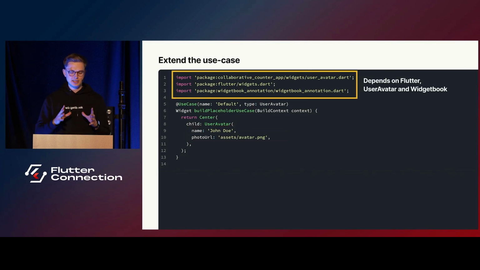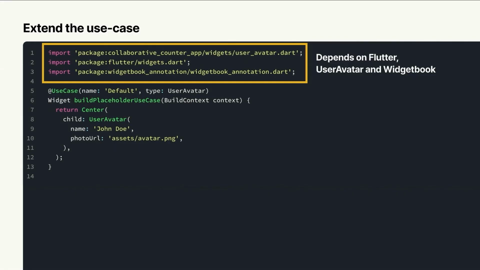And the amazing thing right now is that since the Widgetbook use case only depends on Flutter, the component itself, and Widgetbook, at this point in time, it's really impossible to make bad decisions. So you're building in isolation by default. It would be really, really hard, and you would have to make a consciously super bad decision to put dependencies in here.